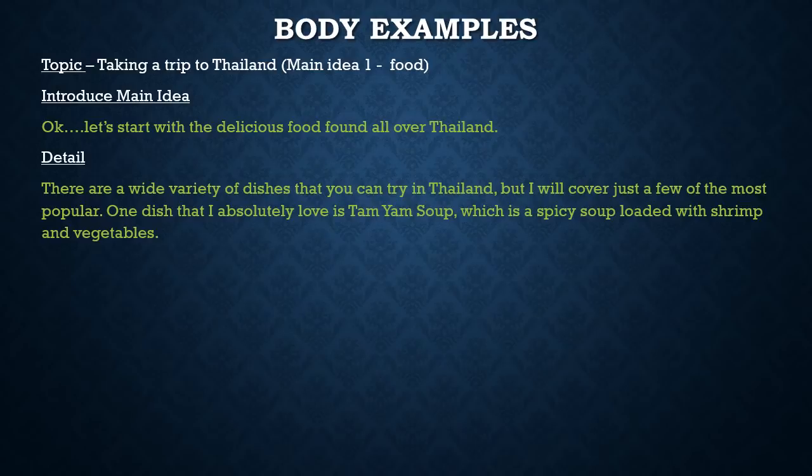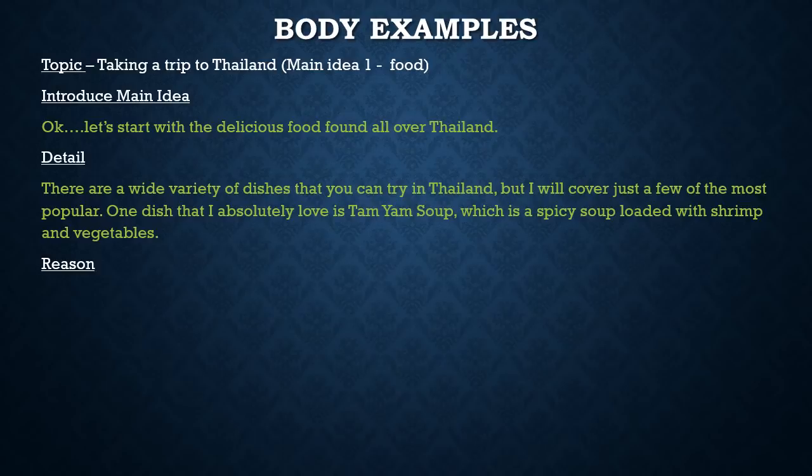Okay, so I'm talking about all the delicious food in Thailand, but specifically one dish, right? And I'm giving kind of the taste and the ingredients that include with it, right? So these are all just minor details that are talking about our main idea, okay?